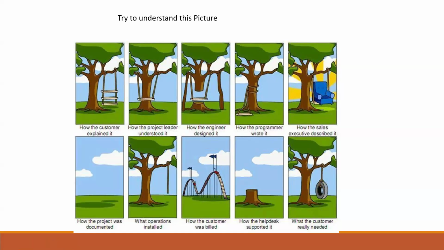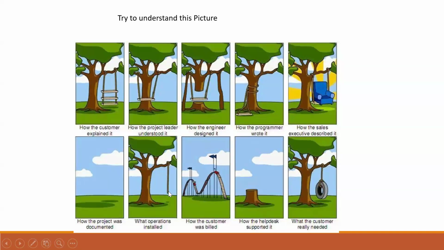The project leader understood it in a different way. The engineer designed it in a different way. The programmer wrote the program in a different way, and the salesperson described it in a different way altogether. But nothing was there in the documentation.